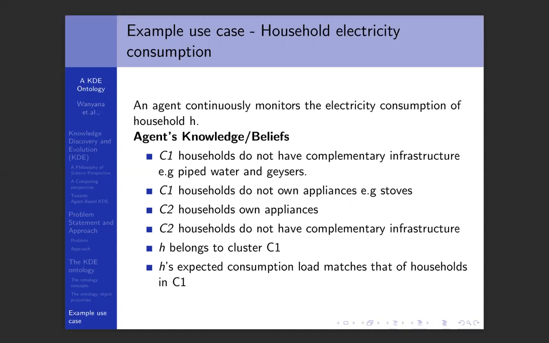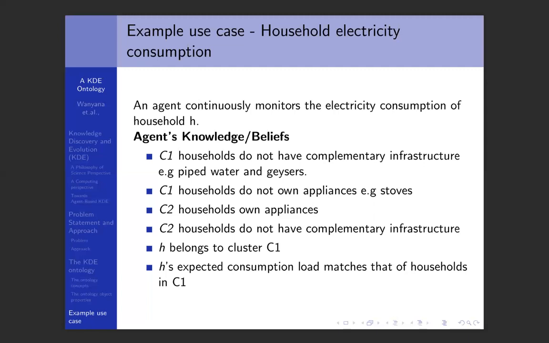So the agent knows that households in cluster 1 do not have complementary infrastructure like piped water and geysers, and cluster 1 households also do not have appliances, and then maybe stoves.